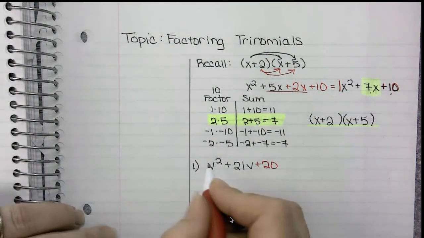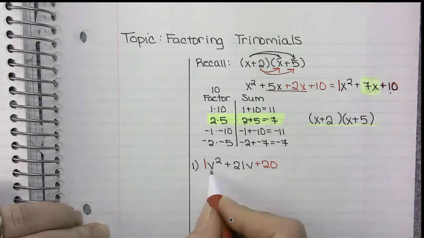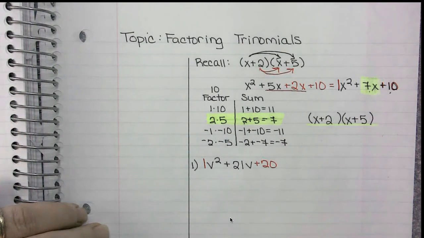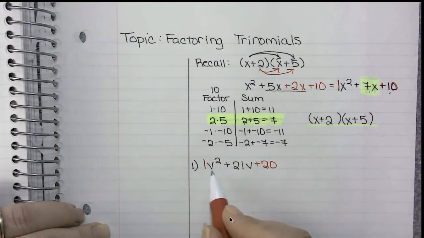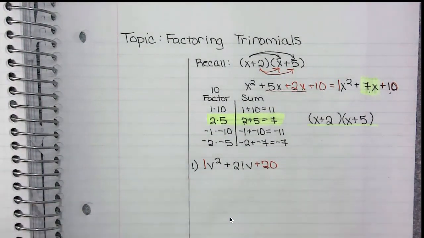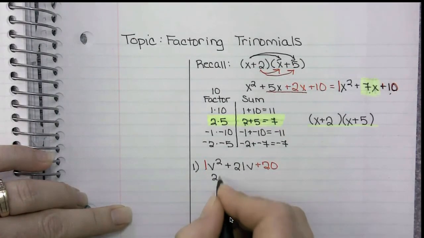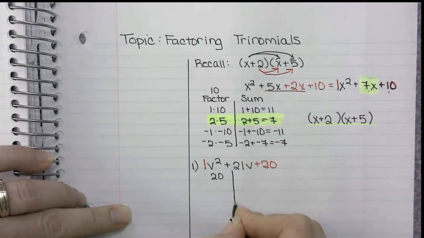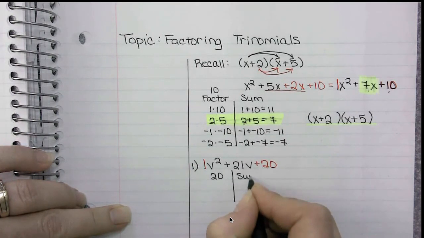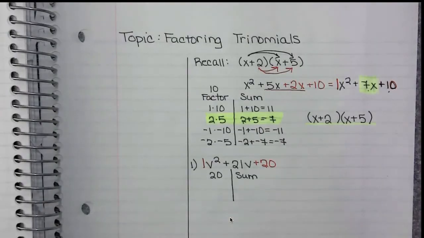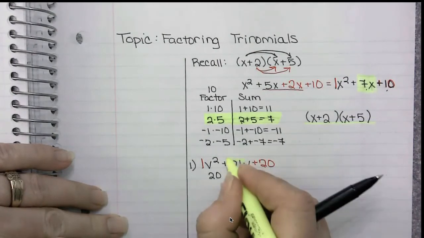And so remember, if there's no number in front of my b squared, there's a 1 there. So I'm multiplying these two red numbers together, 1 and positive 20. So I need factors of 20. And what I'm trying to get those factors to add up to is 21.